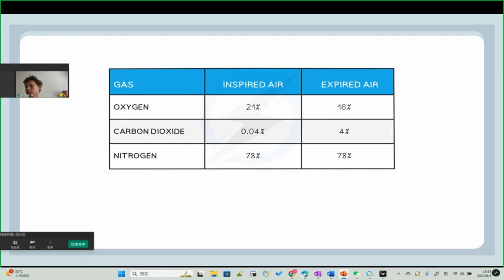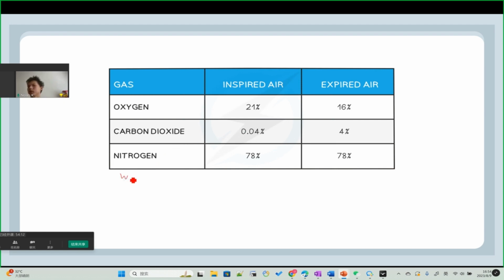But actually, we have two products for respiration, right? Carbon dioxide and water. Yeah.